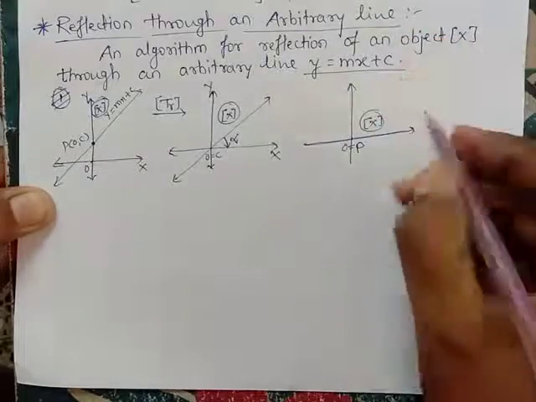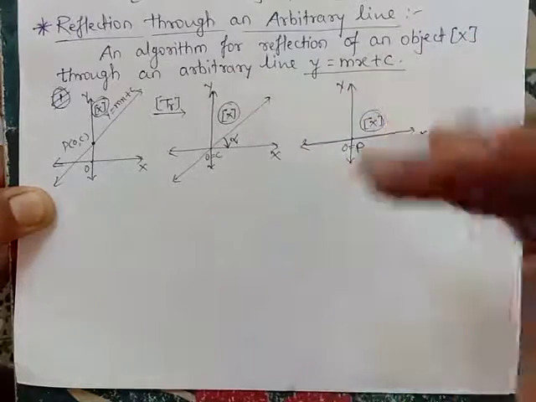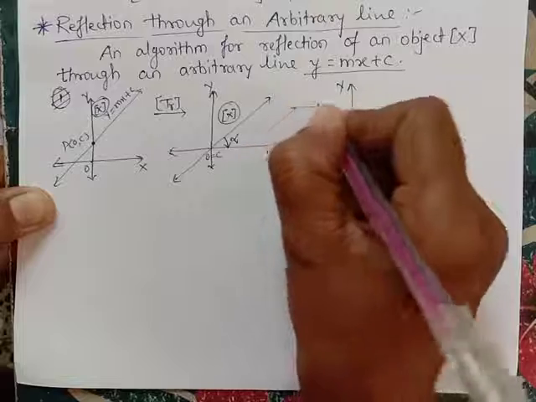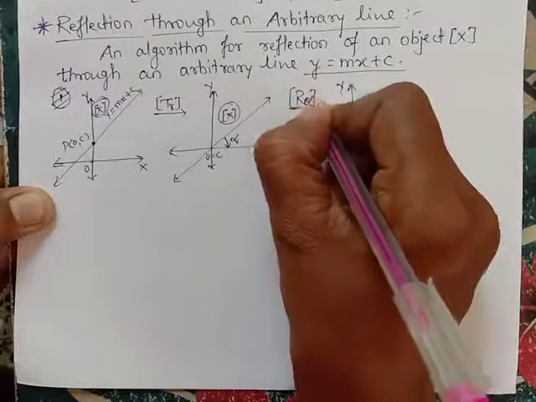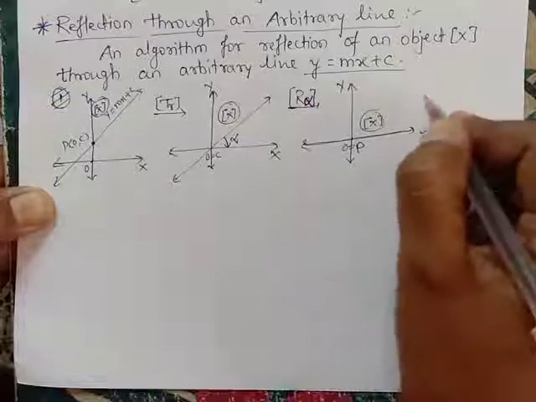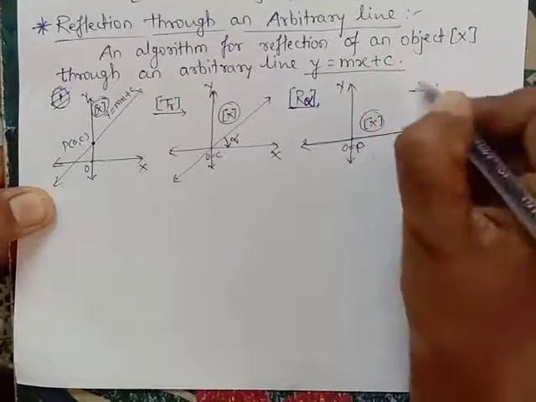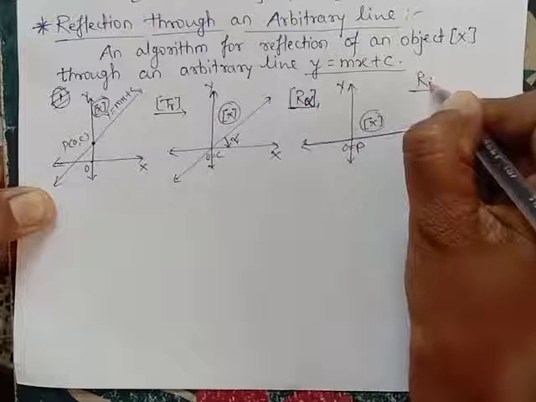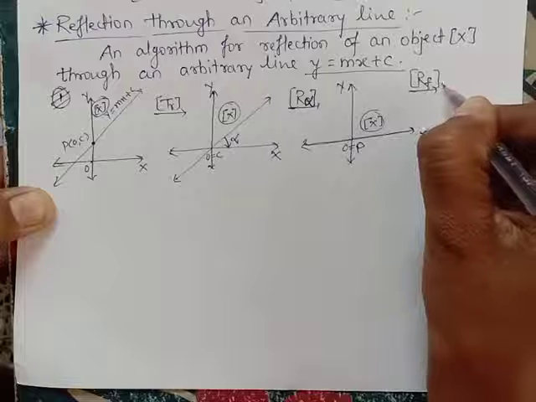So here we know the transformation for reflection through x-axis. This is what? A rotation through an angle, what? Alpha, right? Now here further we will reflect it through x-axis, reflection, okay, through x-axis.